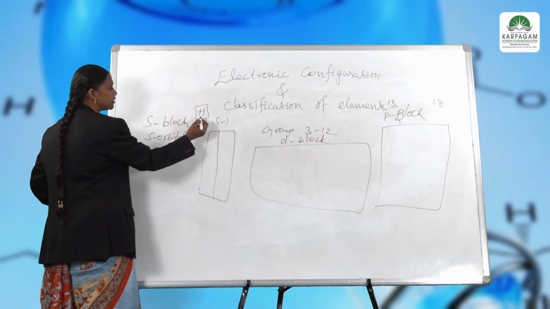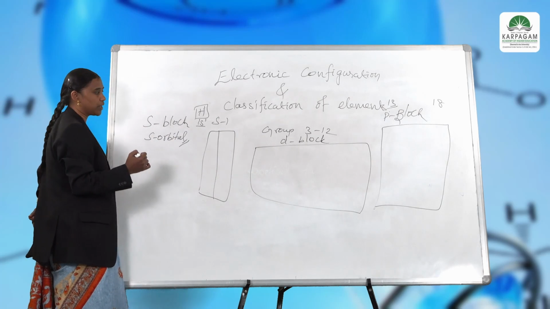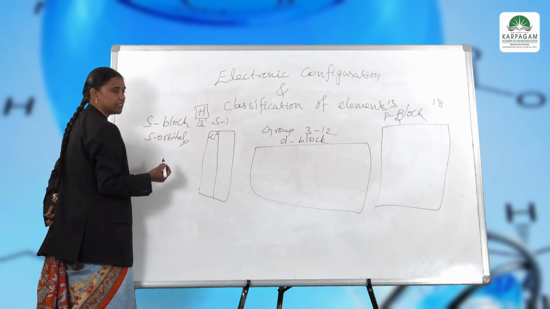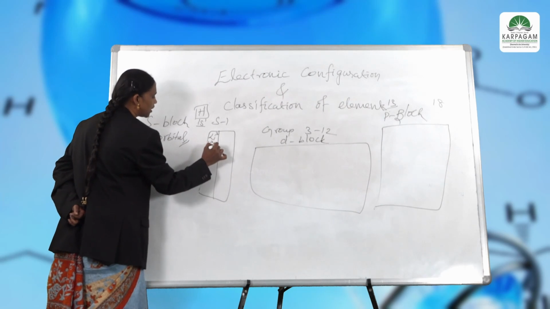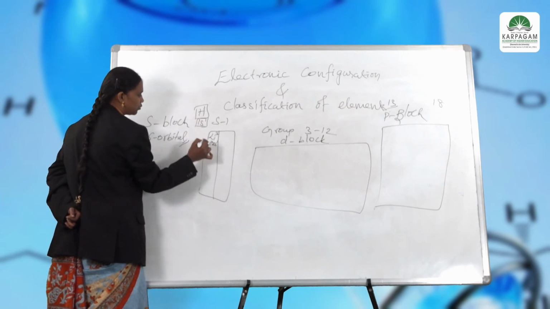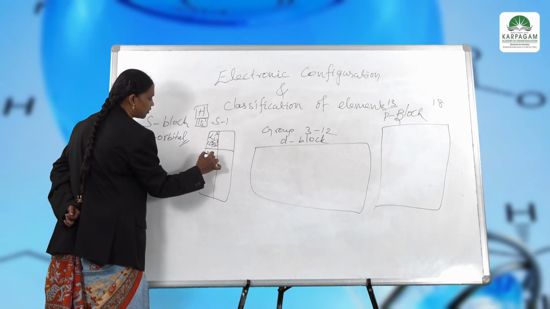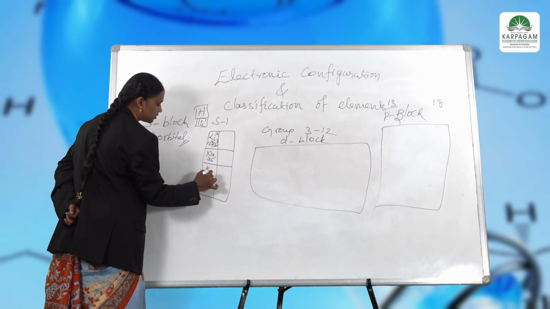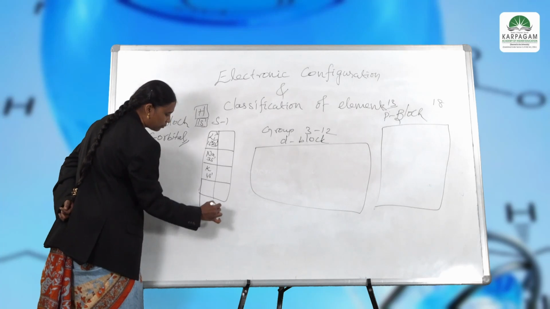Example, hydrogen. Hydrogen has atomic number 1 and its electronic configuration is 1s1. Another one is lithium, atomic number 3, with electronic configuration 1s2, 2s1. Next is sodium, which has 3s1 outermost electronic configuration, and potassium, which has 4s1.